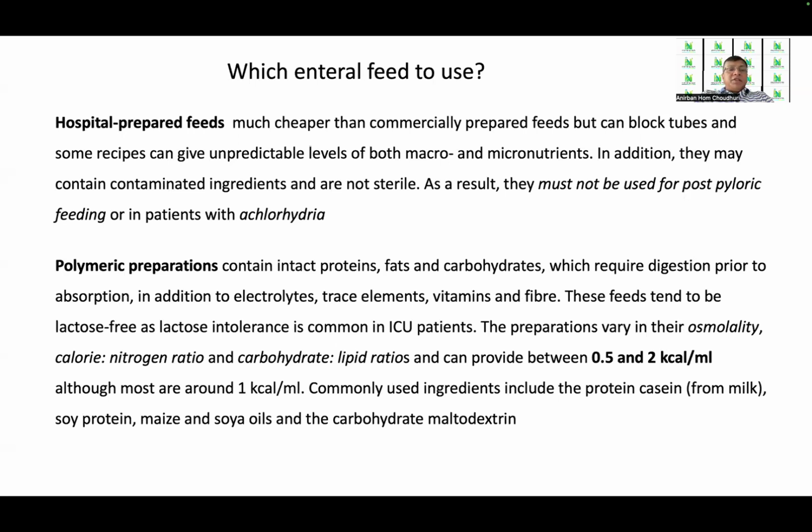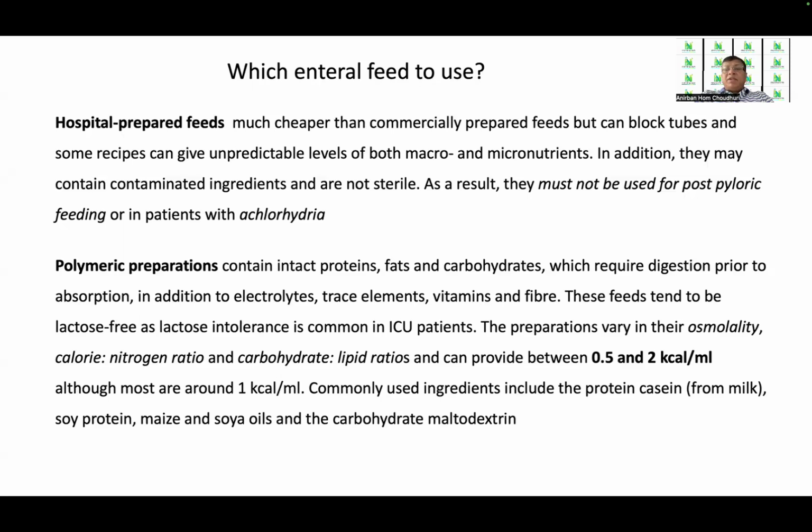Whereas polymeric preparations contain intact proteins, fats, and carbohydrates, which require digestion prior to absorption, in addition to electrolytes, trace elements, and fiber. They tend to be lactose-free, as lactose intolerance is common in ICU patients, so they are preferred. Their preparations vary in their osmolality, calorie to nitrogen ratio, and carbohydrate to lipid ratio, and they can provide between 0.5 to 2 calories per ml, although mostly around 1 kilocalorie per ml.